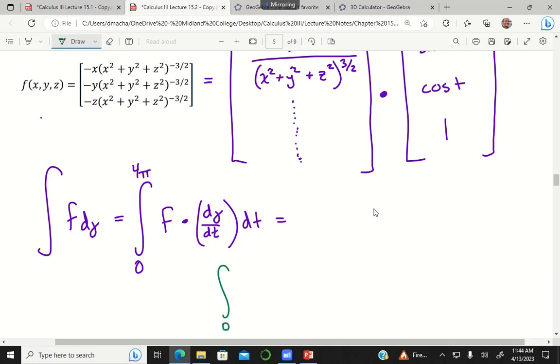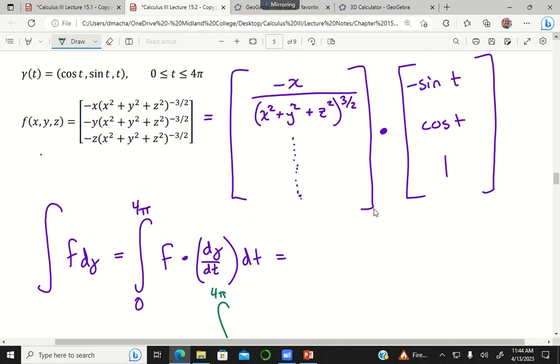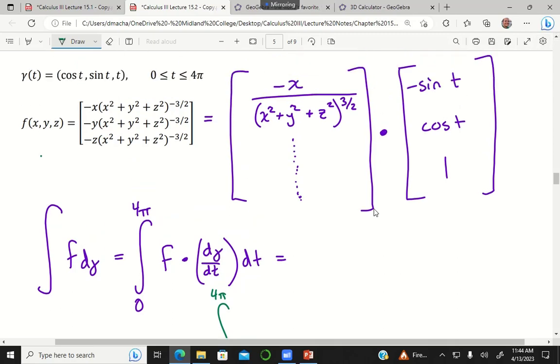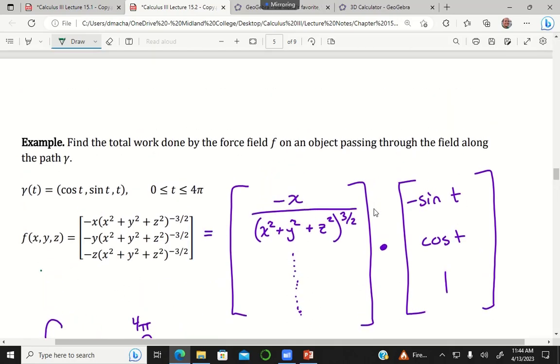I hope I left enough room here. It's going to be negative sine t times x. Actually, maybe before we move on, we should do a little simplification. What is x squared plus y squared plus z squared? That would be cosine squared plus sine squared plus t squared, right?